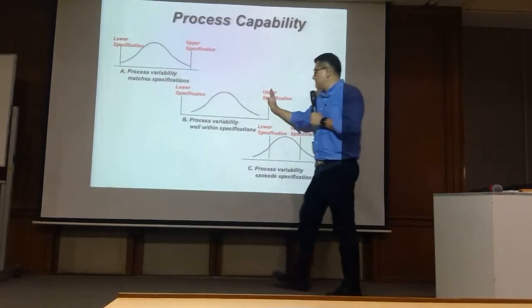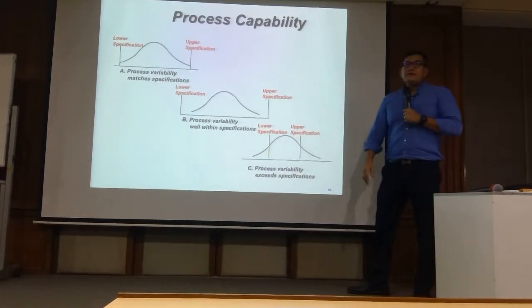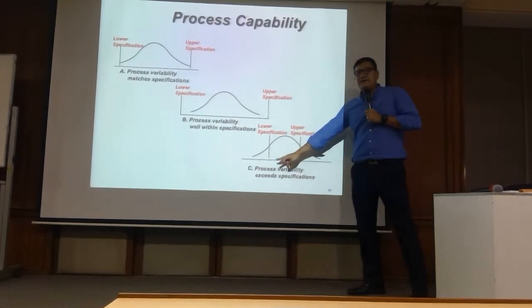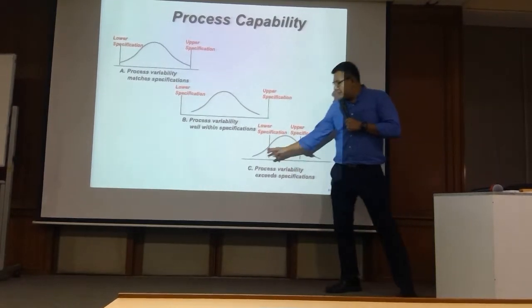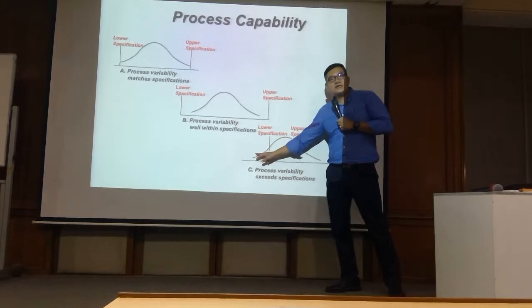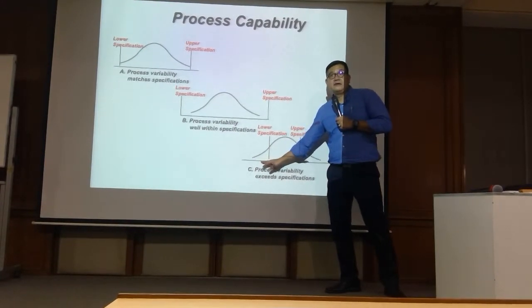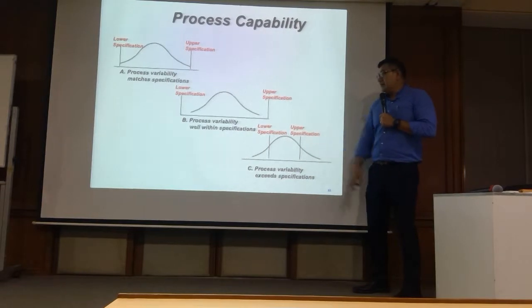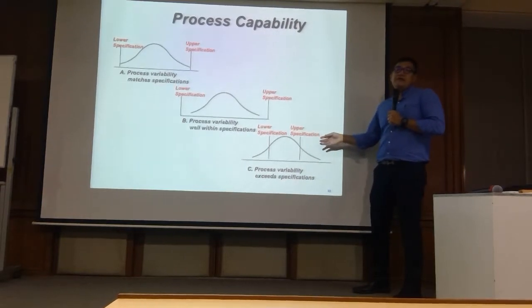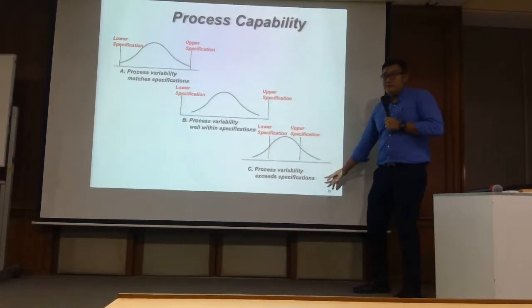If you look at figure C, we can see some of the sampling distribution is outside the specification. So in this case, figure C, the process is not capable, so we don't want it.